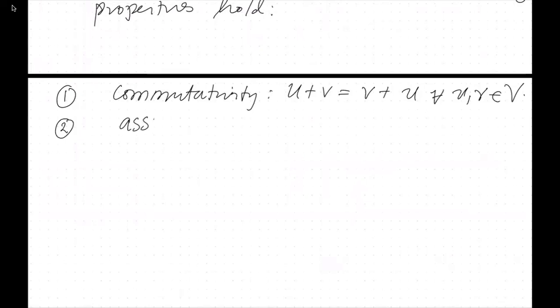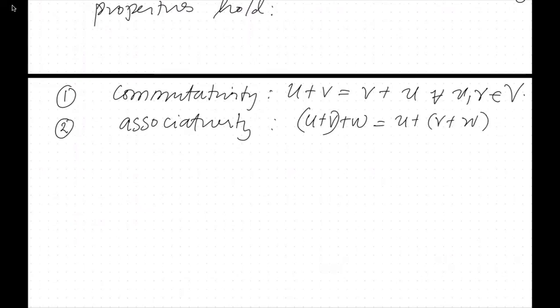And then we have associativity. (u plus v) plus w equals u plus (v plus w), for all u, v, and w in our vector space V.